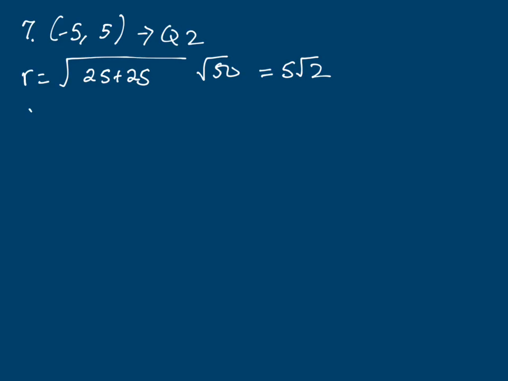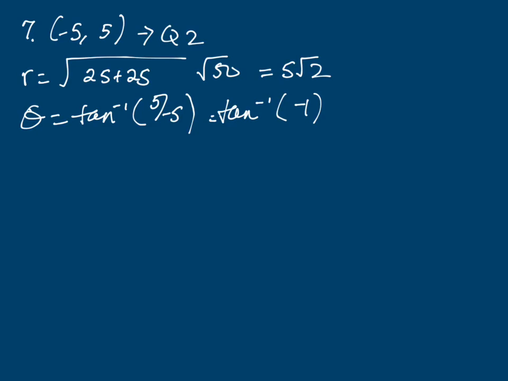And theta is equal to the inverse tan of 5 over -5, or inverse tan of negative 1. So in quadrant 2, where is tangent negative 1? That'd be 3 pi over 4, right? So our first point is 5 square root of 2, 3 pi over 4. Okay, so that's the first one.